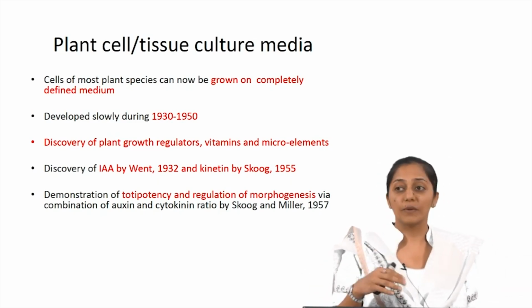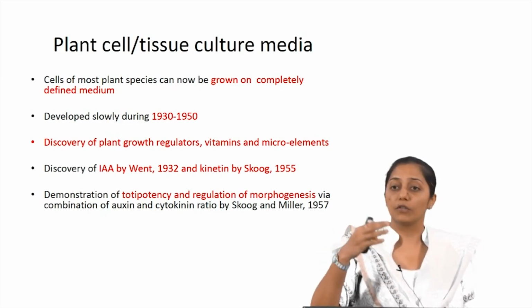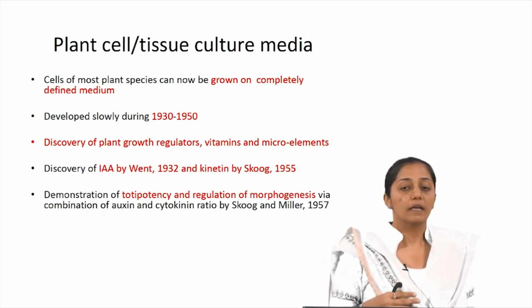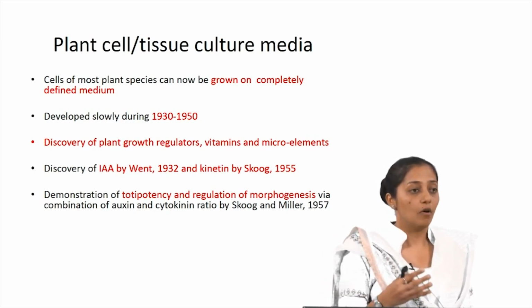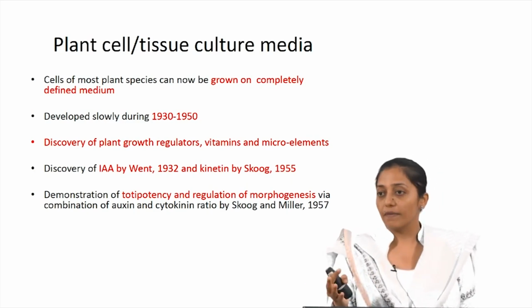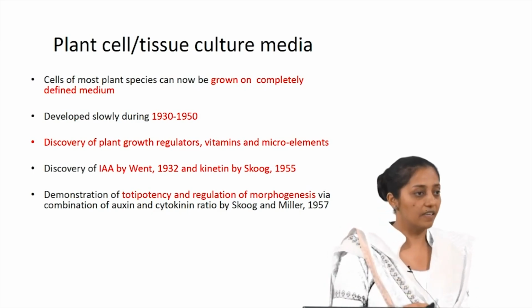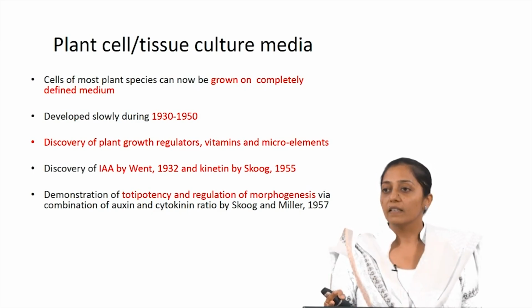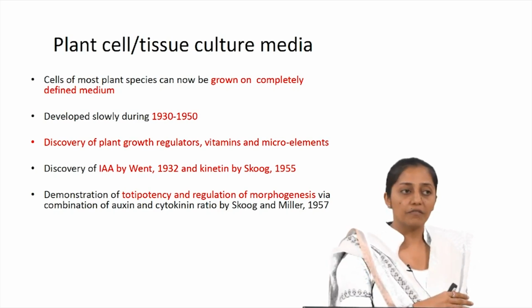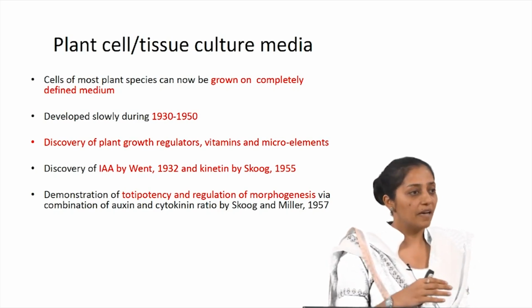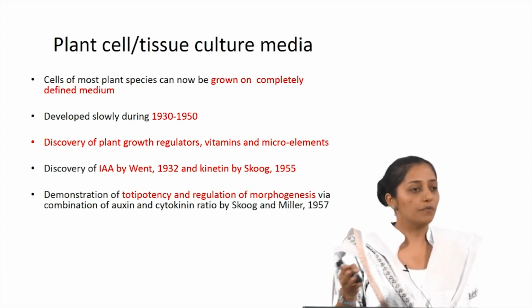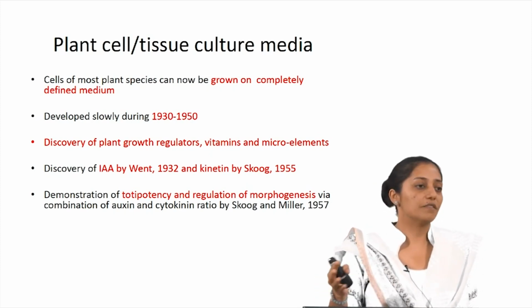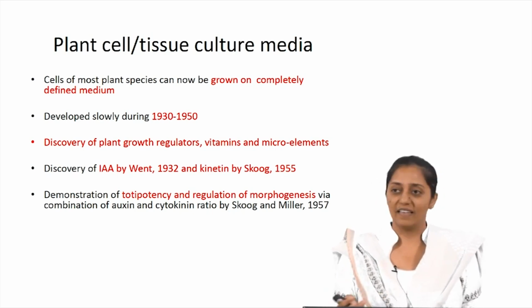I will come back to that when we talk about media optimization. When we did statistical optimization, which has the advantage of studying both interactive effects and single effects, we found that if you remove ammonium from the medium and have only nitrate as the nitrogen source, it is very useful, with 100% efficiency for callus induction in azadirachtin production.